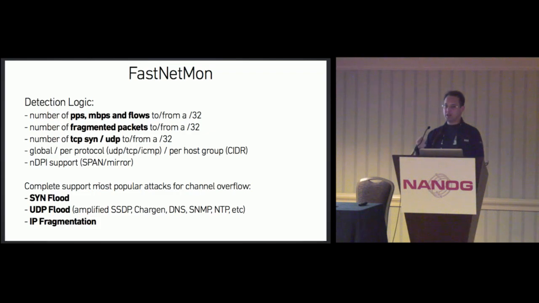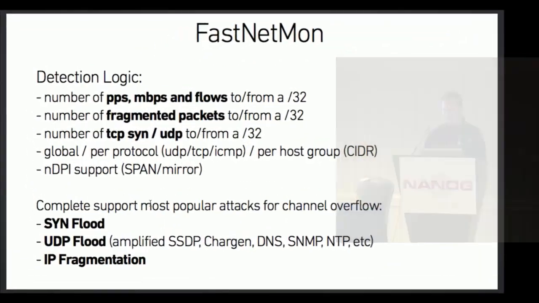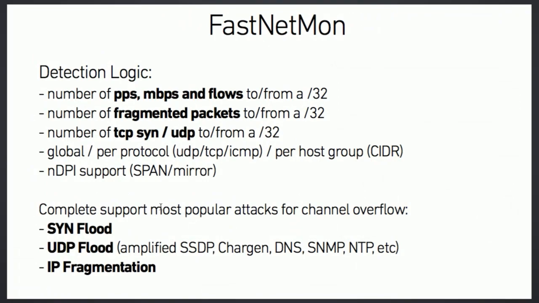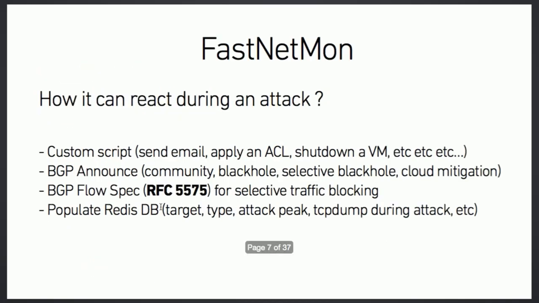If you're receiving 1 gigabit, well, that's not okay. So it's probably an attack. There are also some other things that happen under the hood that count the number of SYN packets and fragmented packets. So it basically supports detection of the most commonly known attacks like SYN flood, UDP flood, amplified or not, and IP fragmentation.